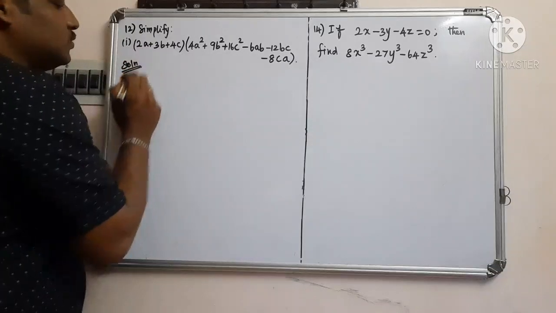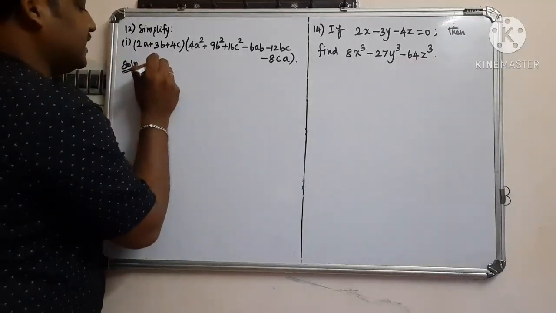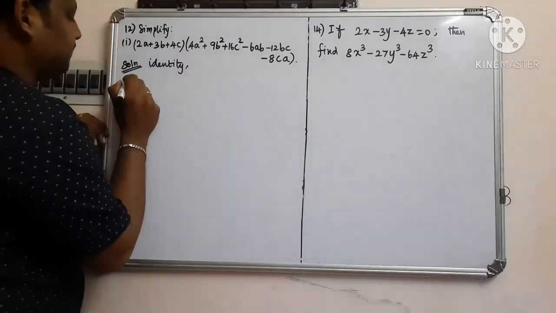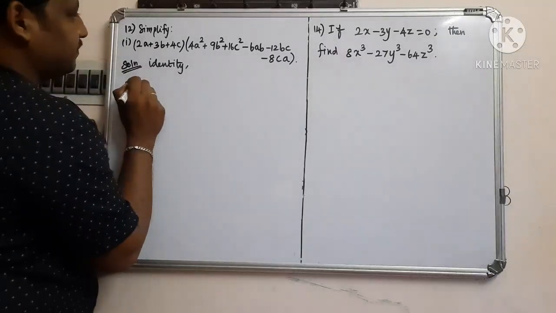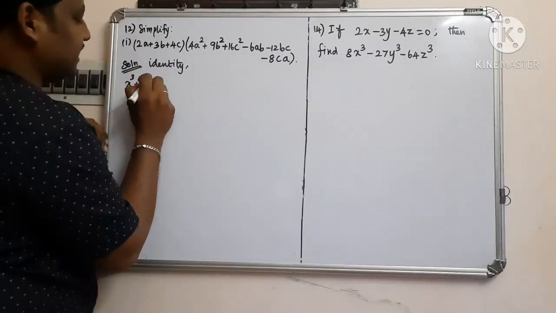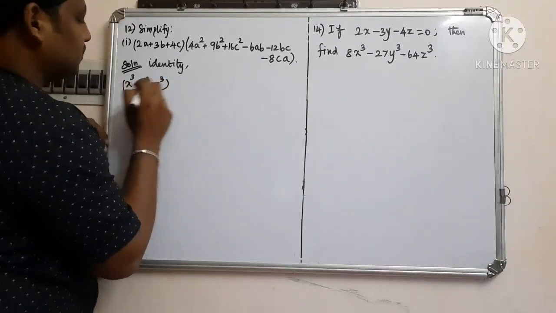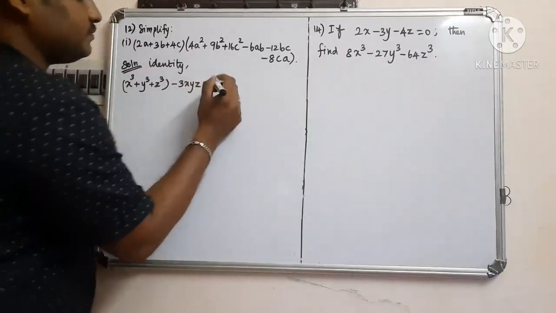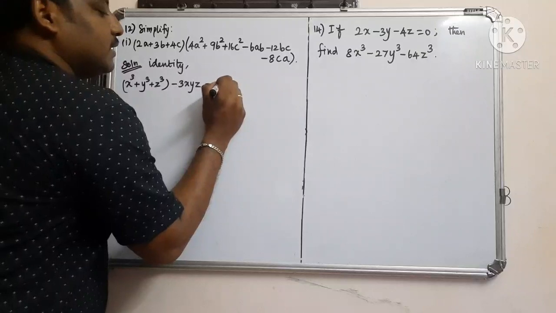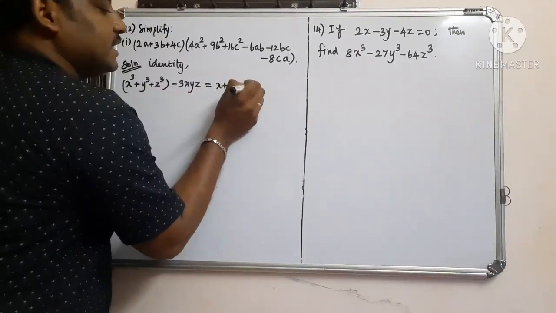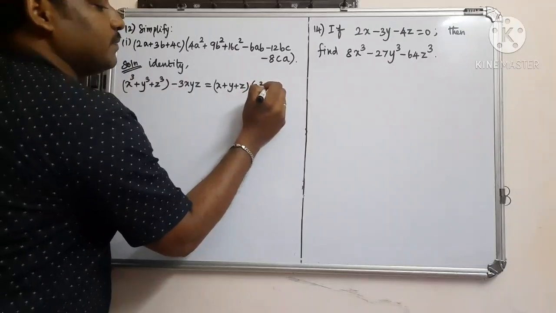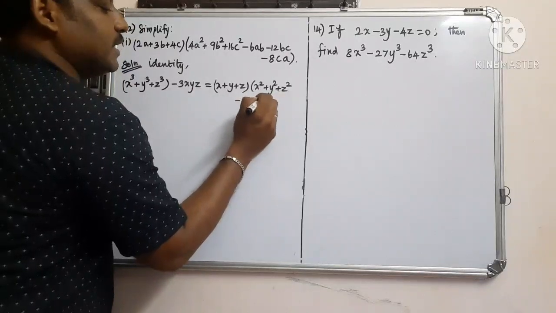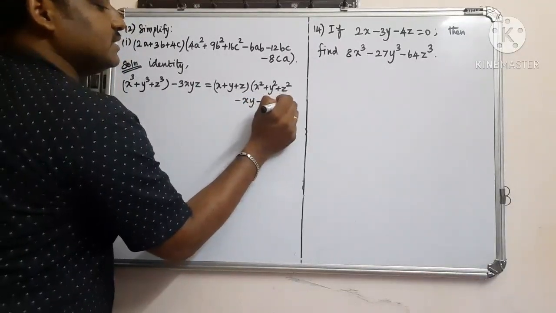Solution. So we know the formula, the identity: x cube plus y cube plus z cube minus 3xyz is equal to x plus y plus z into x square plus y square plus z square minus xy minus yz minus zx.